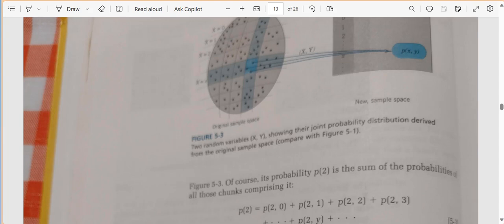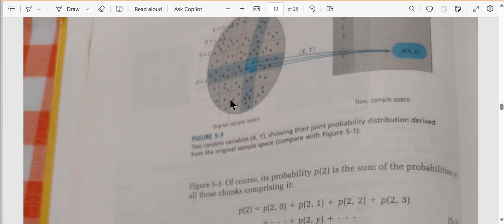Now, why can we say plus? Remember, we had a rule that said we can say plus when the events are mutually exclusive, or disjoint. And these are clearly disjoint. This here doesn't intersect with this, and this doesn't intersect with this, and so on. So we can say plus.